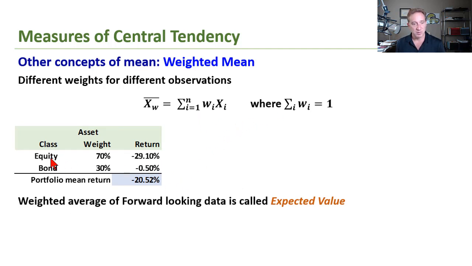Weighted mean is extremely important. In this example, we have equity and bonds. Maybe our allocation is 70% to equity, 30% to bonds, and they have very different returns.